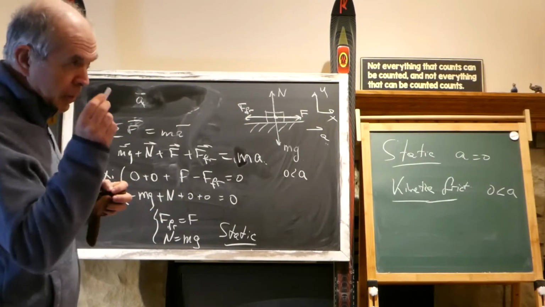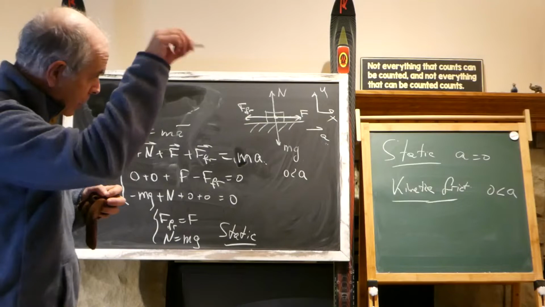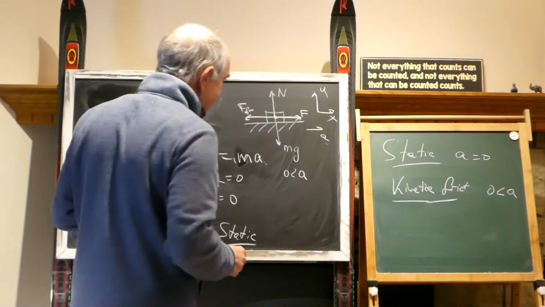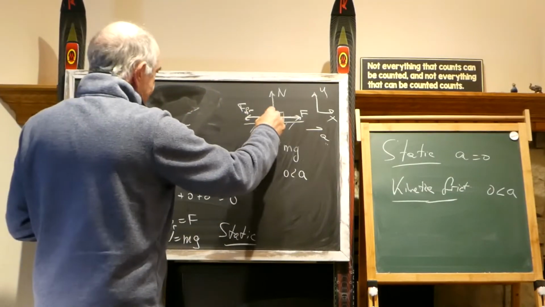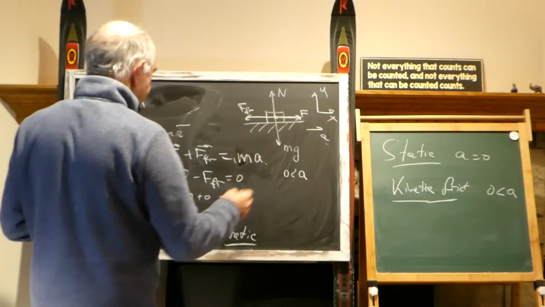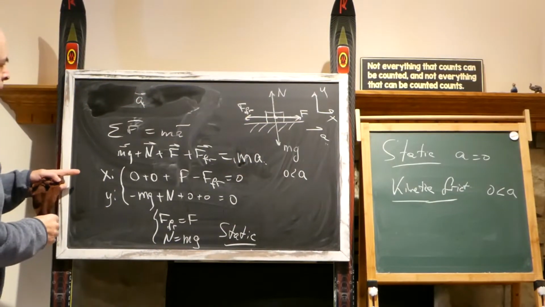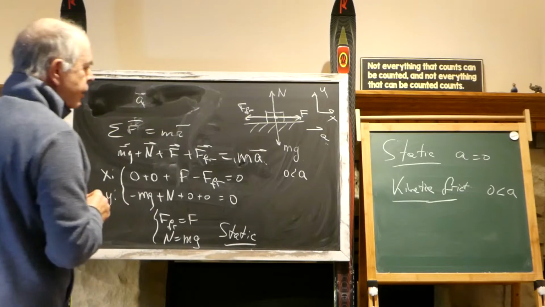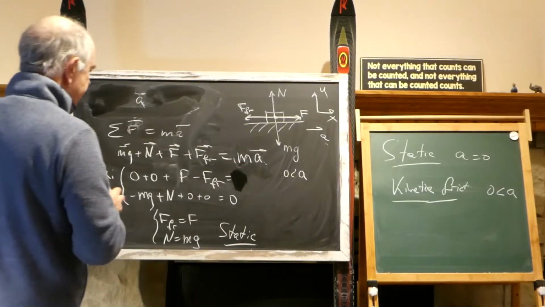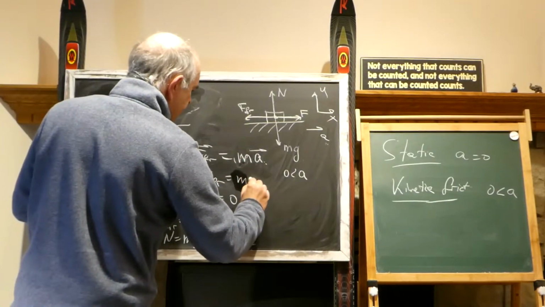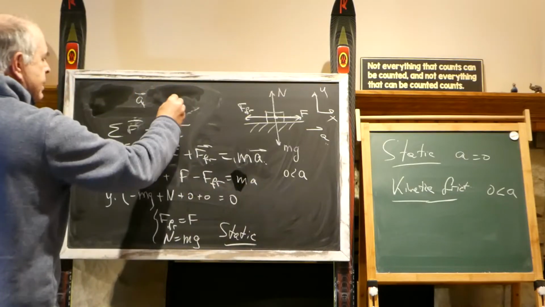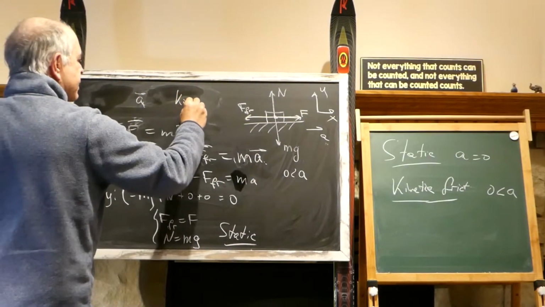And we will have a complex problem later on, when this would be a tricky case. But right now it's very simple. All we have is ma, a vector, and here the projection, it would be ma, right? I am looking now for the kinetic case.